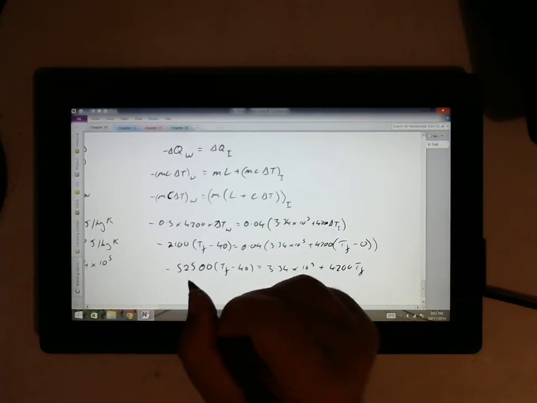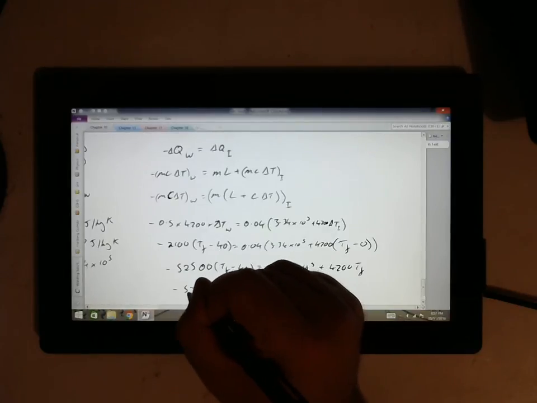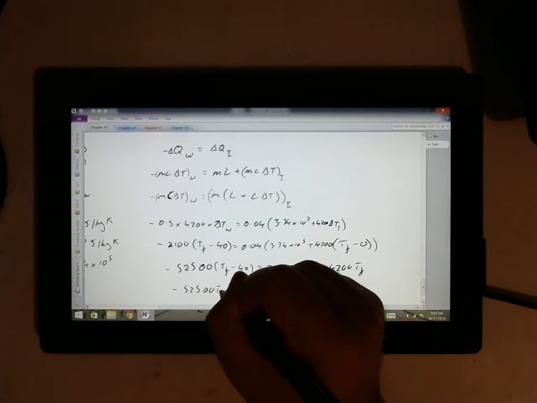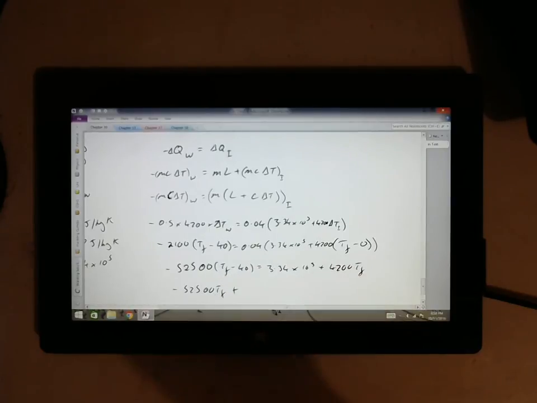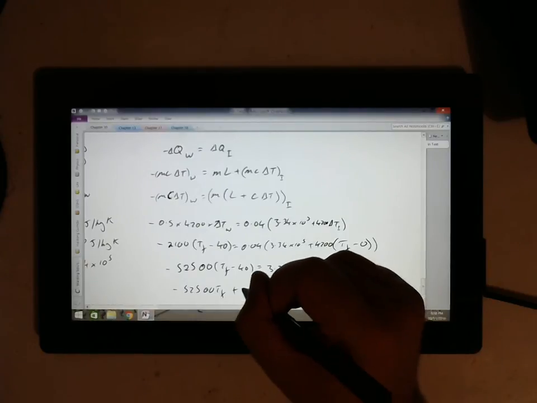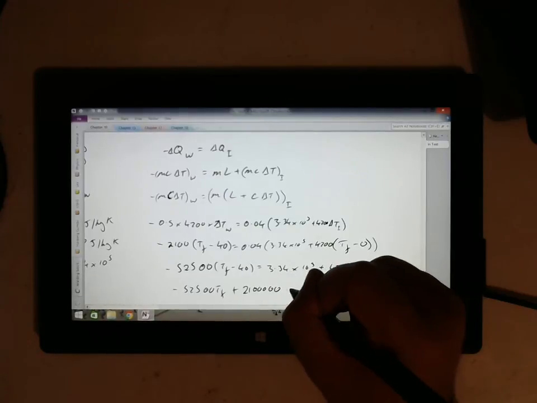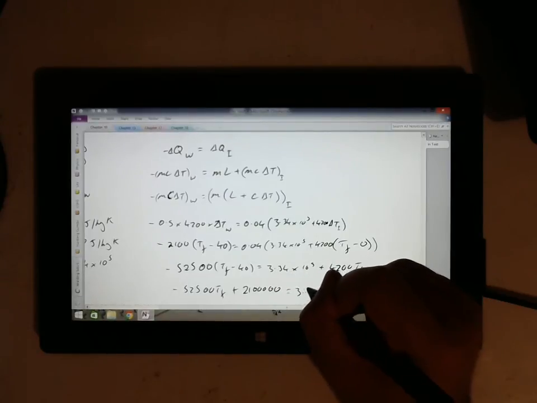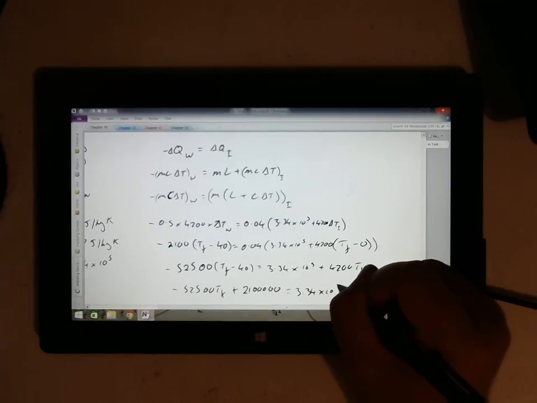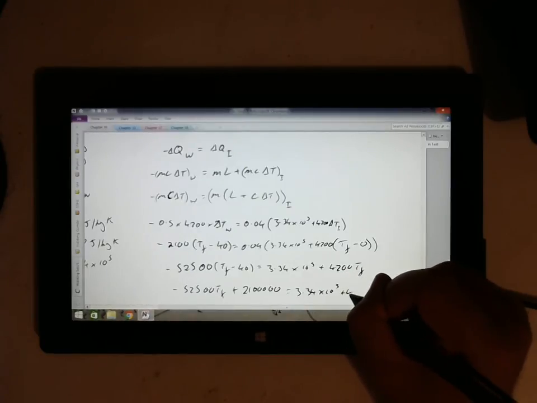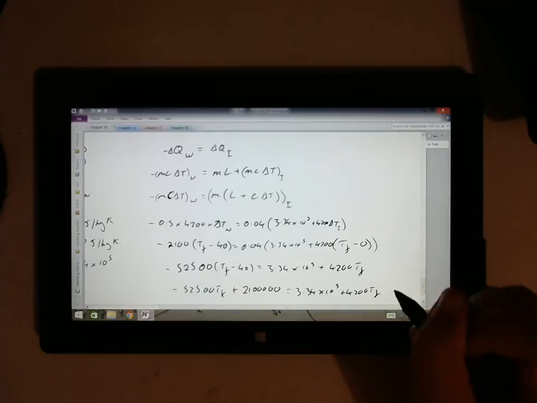So we're going to have negative 52,500 TF plus 525 times 40 will give us 2,100,000, and it's a negative times a negative, so that becomes a positive. Equals 3.34 times 10 to the 5 plus 4200 TF.